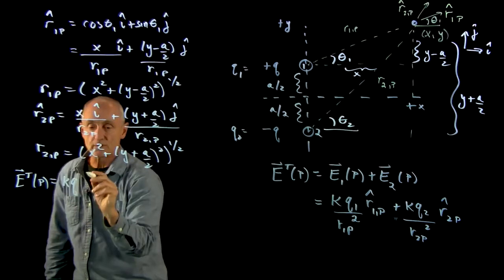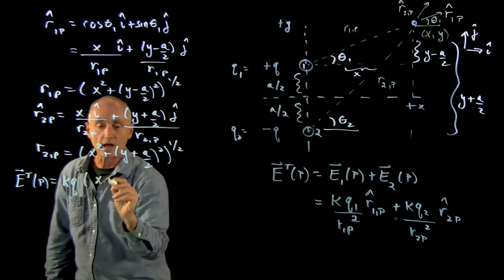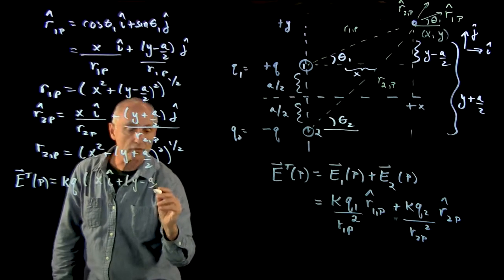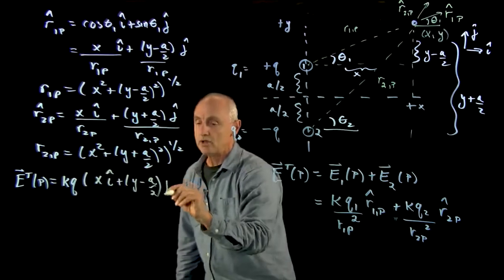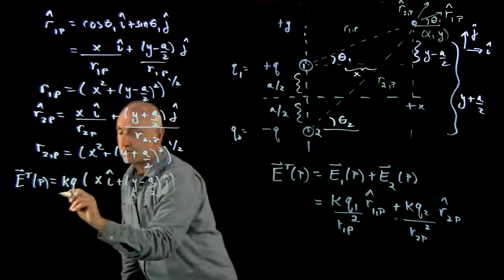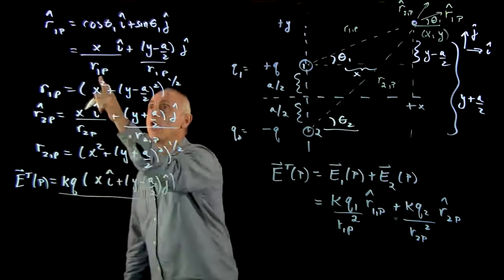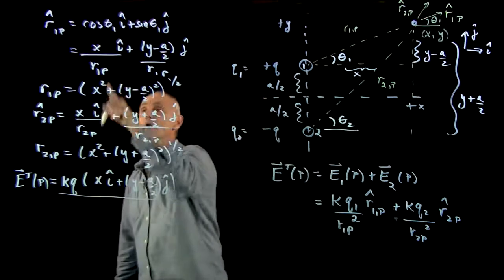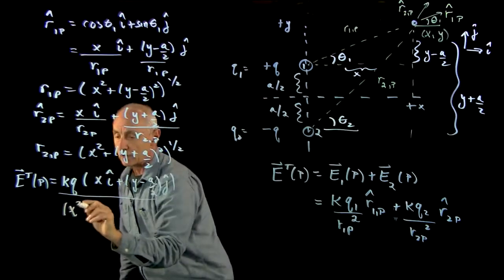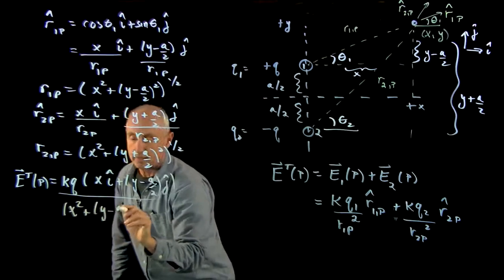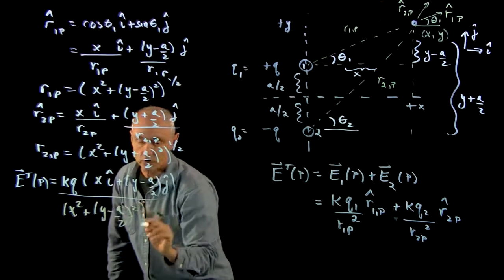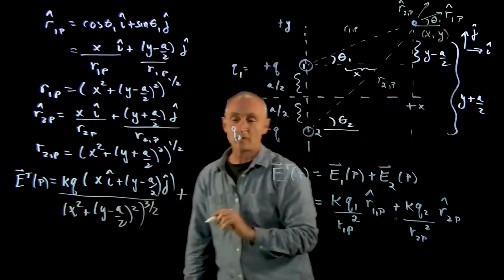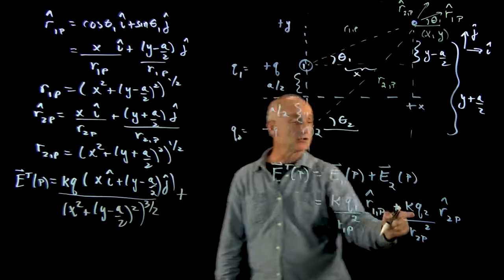So there is x i hat plus y minus a over 2 j hat, and the denominator is r1P cubed. There's a square factor there, one more there, and we have x squared plus y minus a over 2 squared to the 3/2 power.